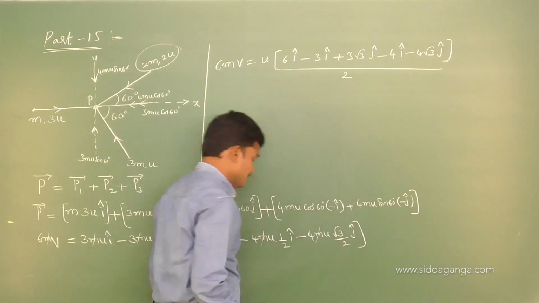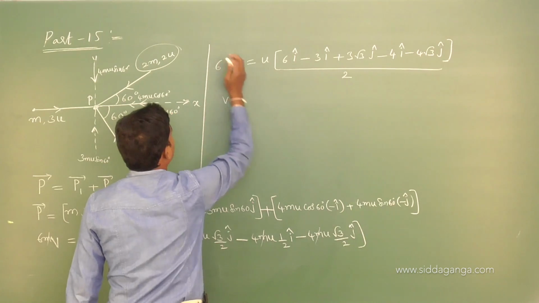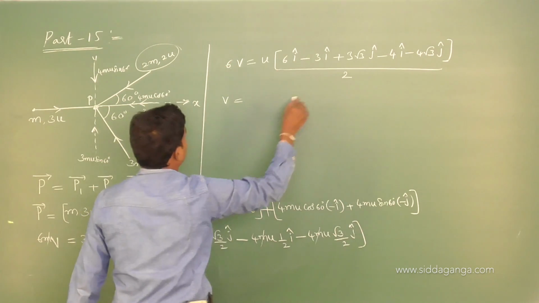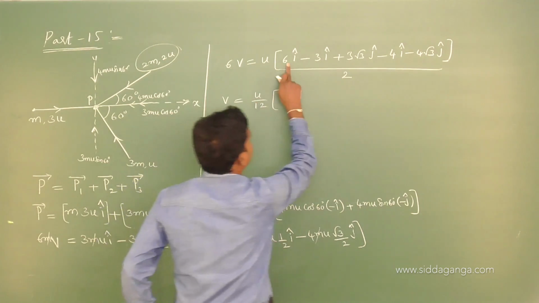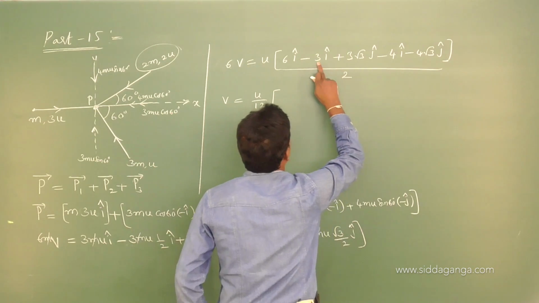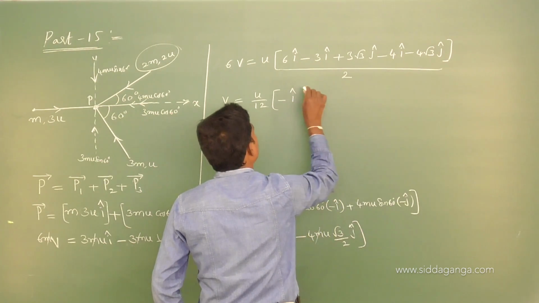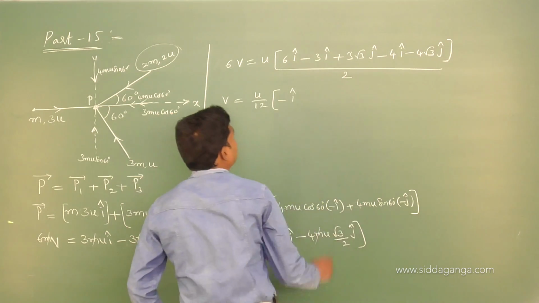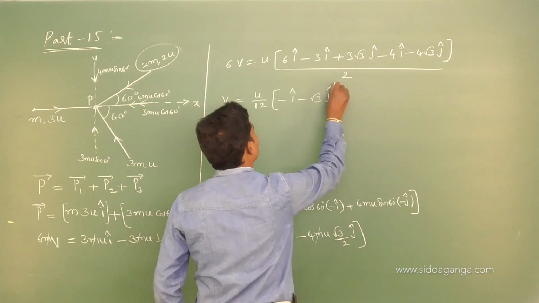So v is equal to, since m is already cancelled, this is 6v. v is equal to, take this 6 to the right side, u by 12 times 6i minus 3i minus 4i. 4 minus 3, so minus 7, 6 minus 7 i. And 3 root 3 minus 4 root 3, so minus root 3 j cap.